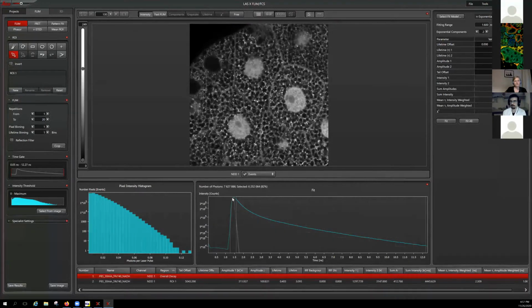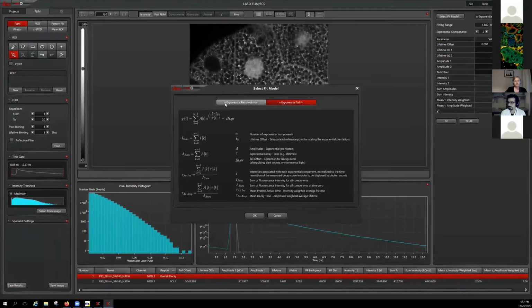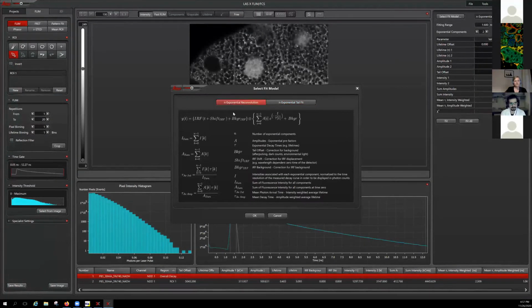But if you have short lifetimes which are important for you and we would like to measure them, then by ignoring the beginning of the decay curve, we are throwing out the information about the short lifetime, and this induces an artifact in the analysis. That's why, in our case, for metabolic FLIM, we just focus on the reconvolution fitting.